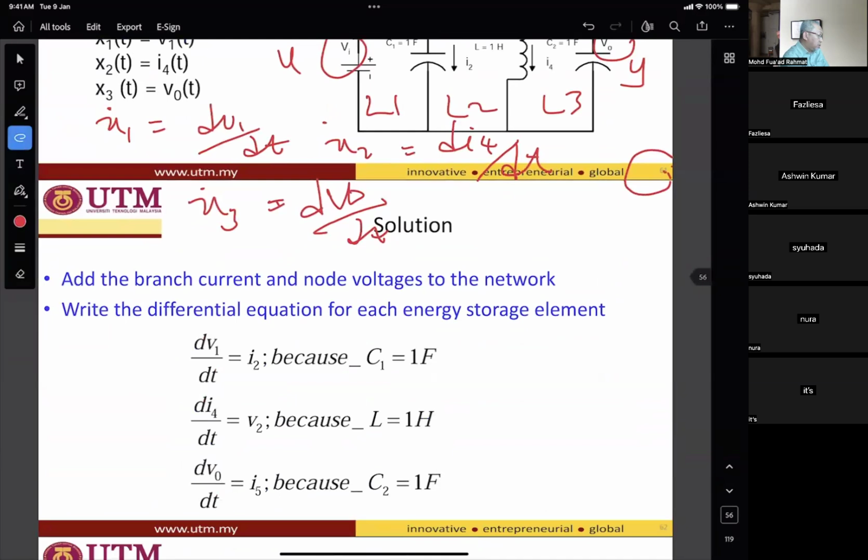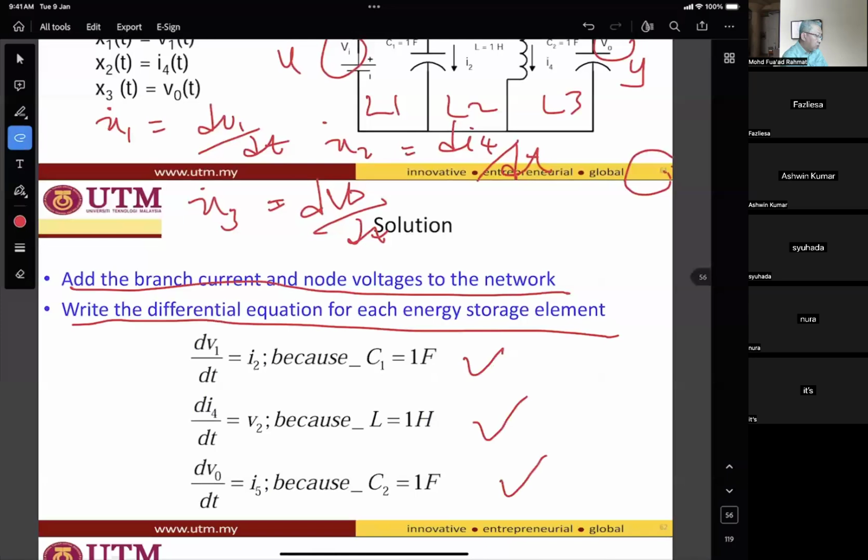As usual, you add all the branch currents and node voltages to the network, label them, and write the differential equations to describe the energy storage elements: dV1 dt is I2, dI4 dt is V2, and dV0 dt is equal to I5.